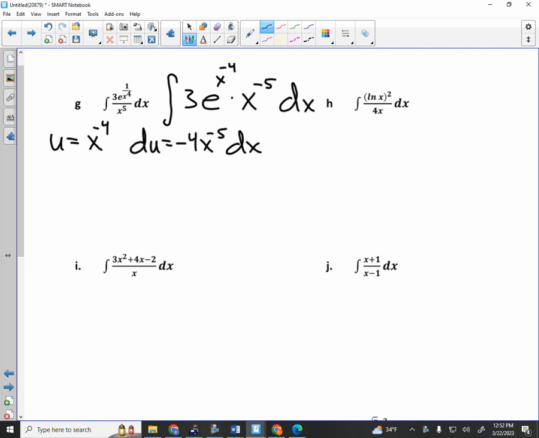I don't want the negative 4, I want the 3, so I will. Negative 3/4, very good. Du is equal to 3x to the negative 5 dx. Notice how you have a 3x to the negative 5 right there. So my substitution is negative 3 over 4 integral, what?